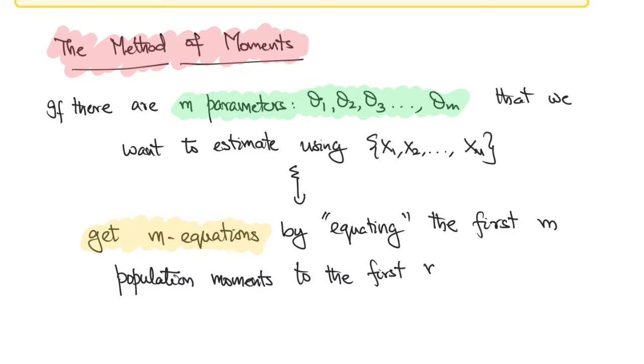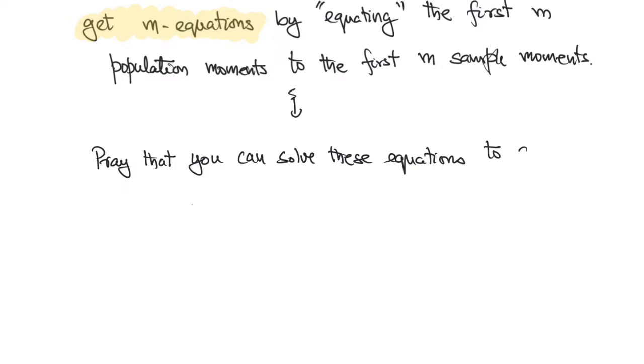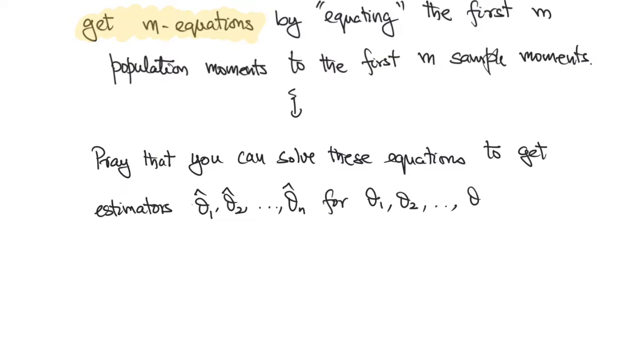And after that, we just pray that we can solve these equations to get our estimators for the parameters theta 1, theta 2 up through theta m, which we call theta 1 hat, theta 2 hat, theta 3 hat, all the way up to theta m hat. This method can be best understood by working out some examples.